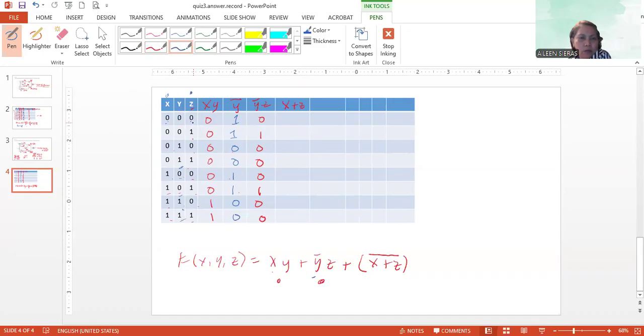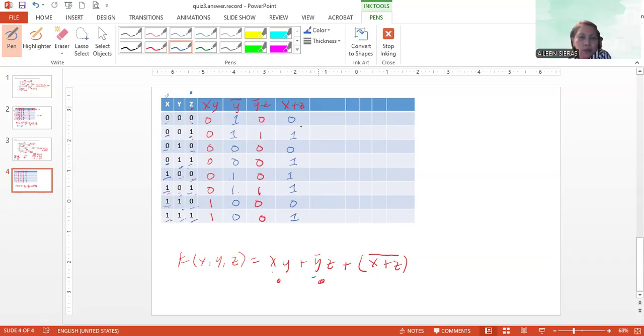0 or 0 is equal to 0. 0 or 1 is equal to 1. 0 or 0 is equal to 0. 0 or 1 is equal to 1. 1 or 0 is equal to 1. 1 or 1 is equal to 1. 1 or 0 is equal to 1. And 1 or 1 is equal to 1.